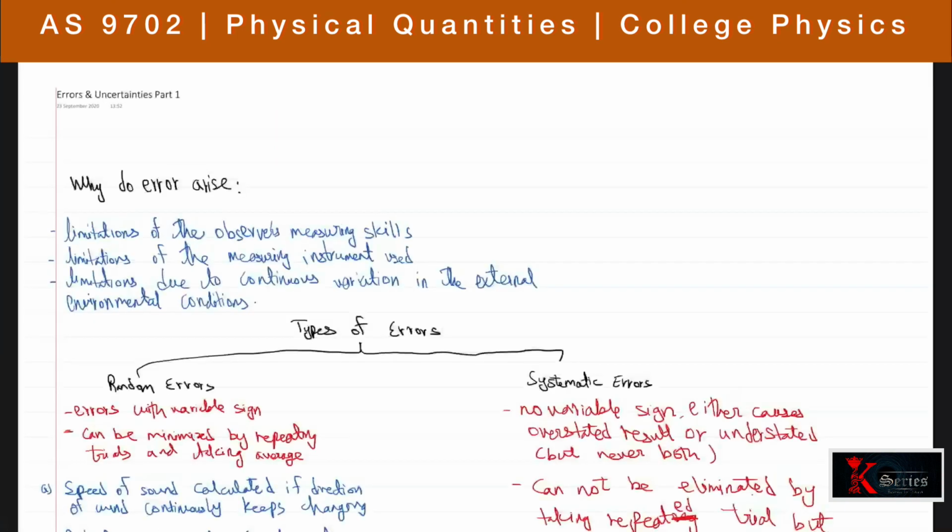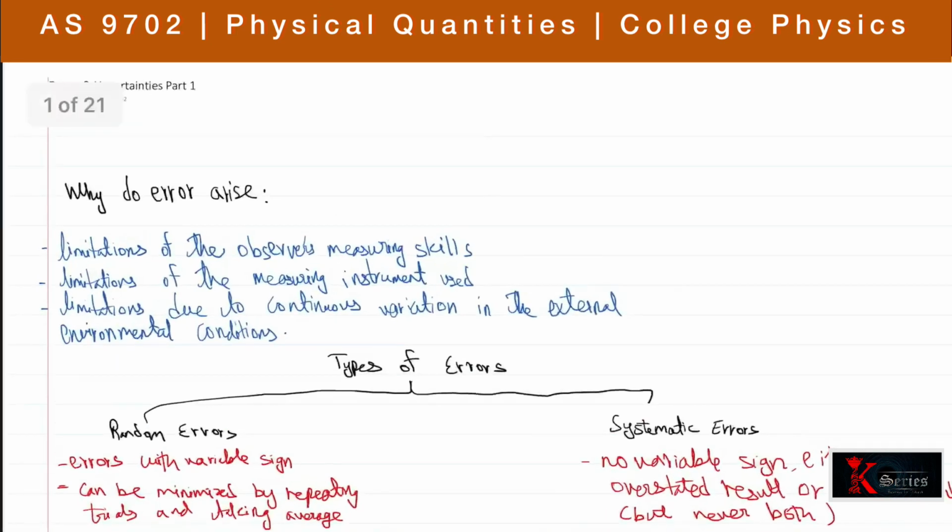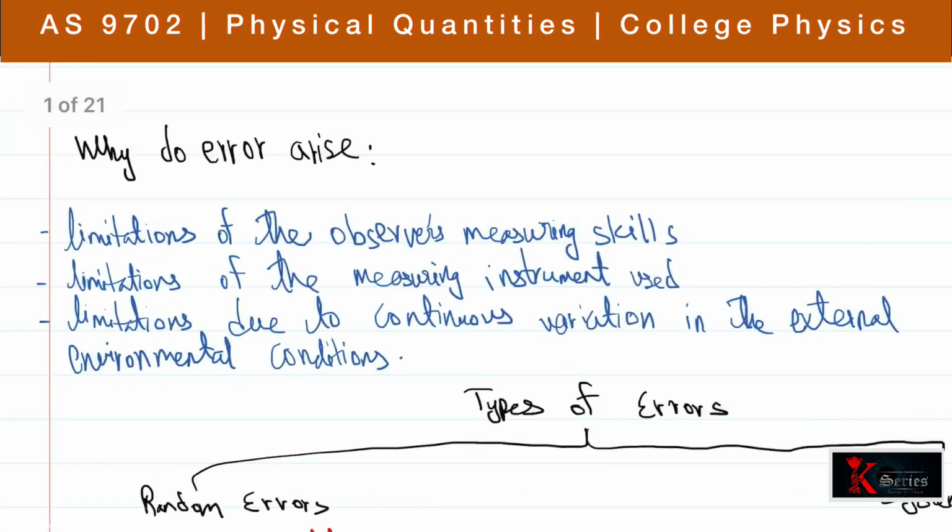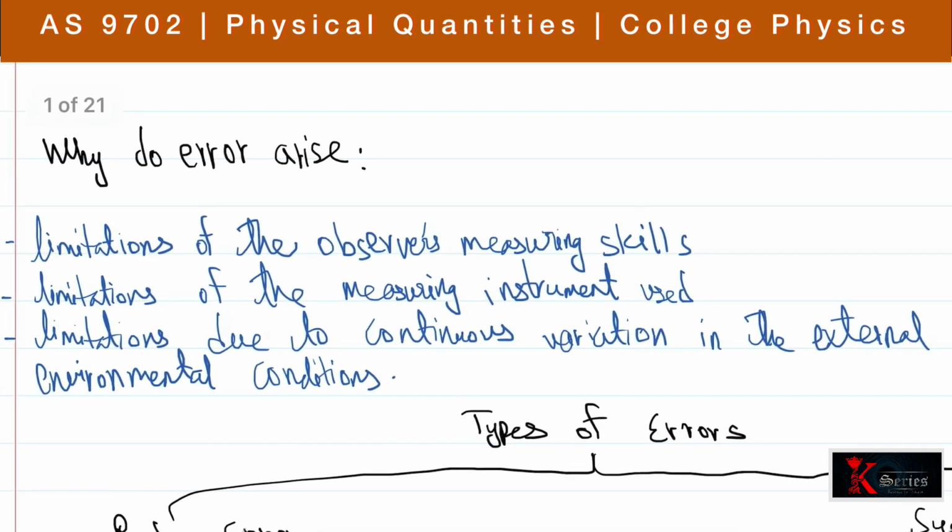Errors and uncertainties: we need to know why errors arise. There are a few reasons. First, the limitations of the observer's measuring skills, which means the observer's measuring skills might be faulty or limited. The second reason is the limitations of the measuring instrument used, so there might be an error in the instrument itself.